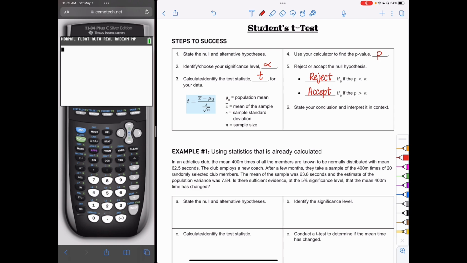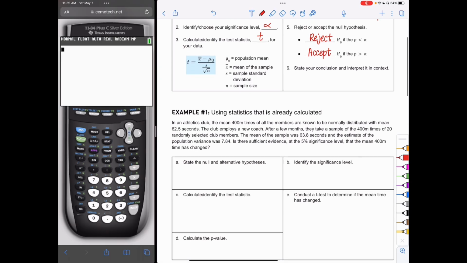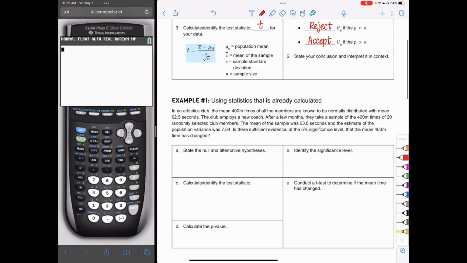So example 1, we're going to go over how to conduct a t-test using statistics that are already calculated. It says, in an athletics club, the mean 400-meter times of all of the members are known to be normally distributed with a mean of 62.5 seconds. The club employs a new coach.